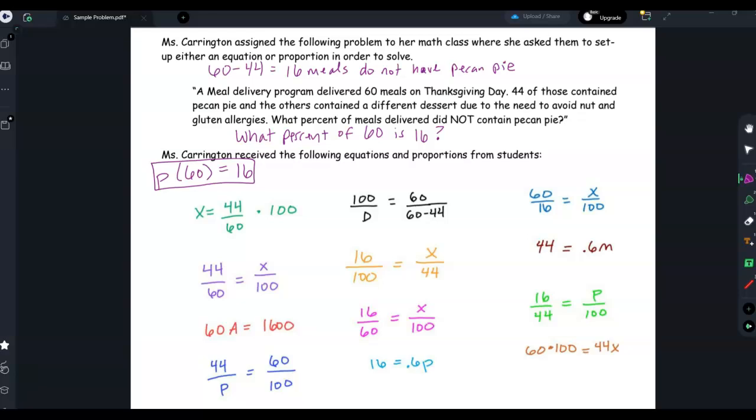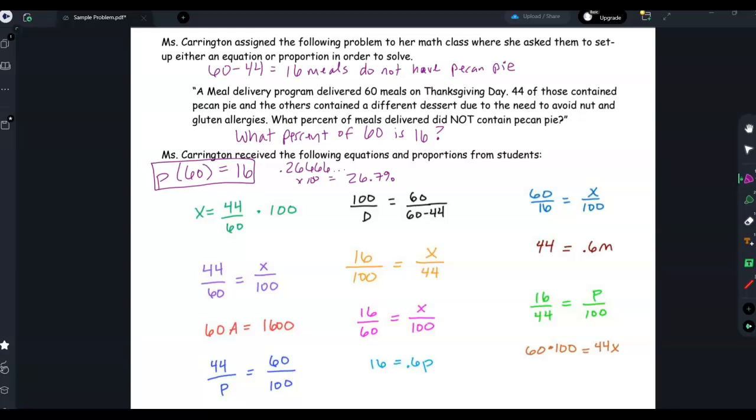So I would do 16 divided by 60, which actually gets you 0.26, and that 6 repeats. So that keeps going. And then to find your answer, you'd actually have to convert that to a percent. So you'd have to move the decimal 2 spaces or multiply that by 100. And that would give you, depending on what you want to round to, say 26.7%. So that's the answer that I would be getting.